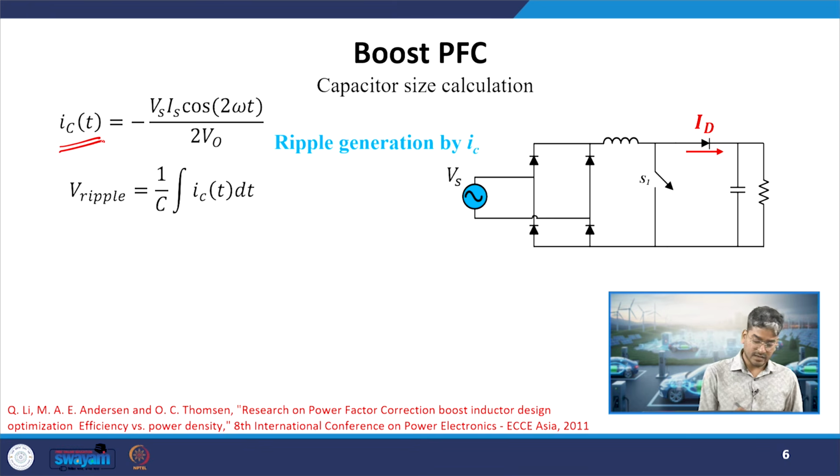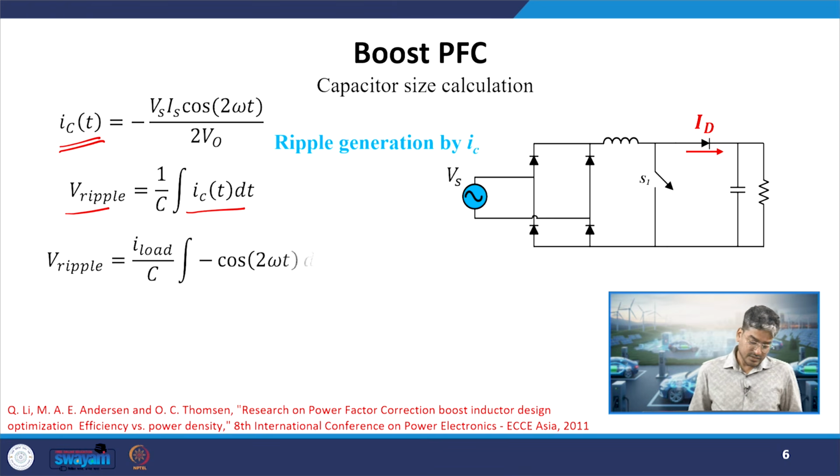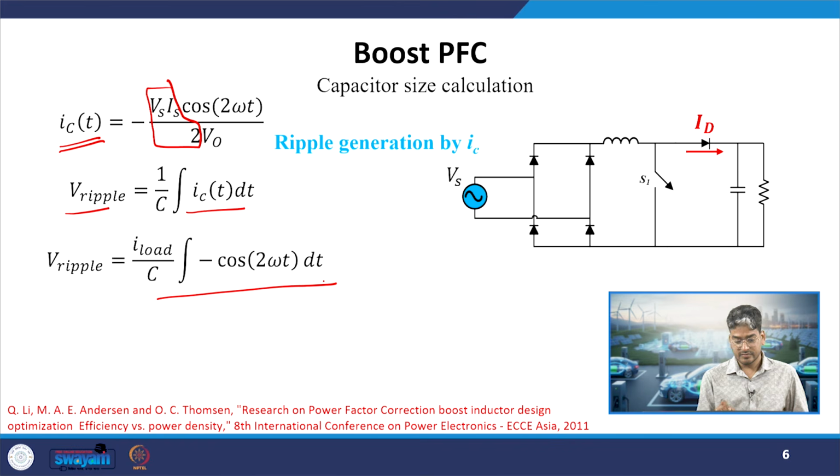Based on that, I know what the ripple percentage will be if I subject any amount of current through a capacitor. It is given as 1 by C times the integration of the current through it. If I integrate the expression which we have just calculated and replace these terms Vs Is by 2 as I load, I will find that it will be equal to I load by C times minus cos 2 omega t dt.